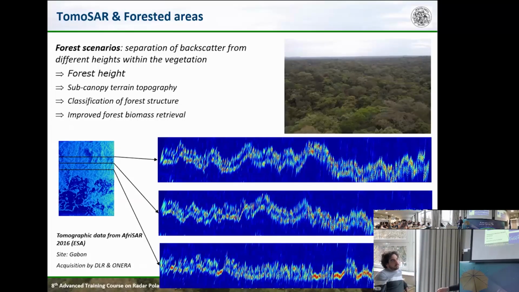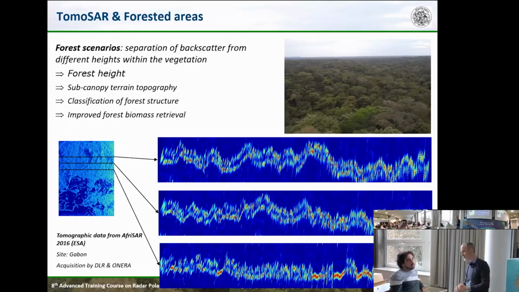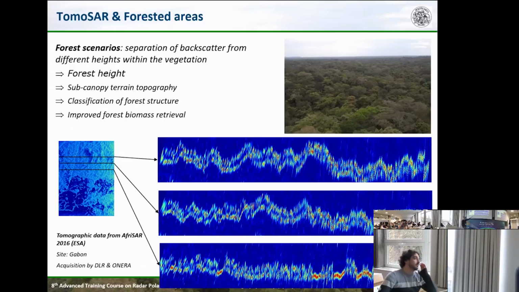What's it for? Besides being a fantastic tool for engineers and physicists, it also has some practical use. Here I'm showing you 3 vertical sections from a campaign. This is AfriSAR, collected by DLR and ONERA.